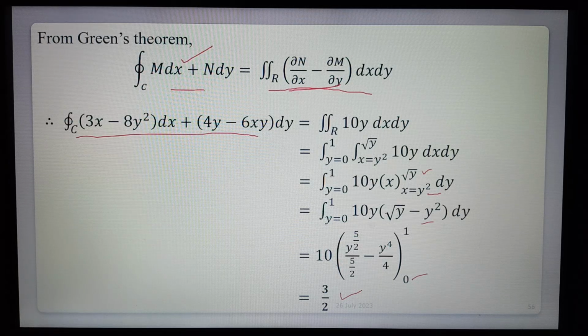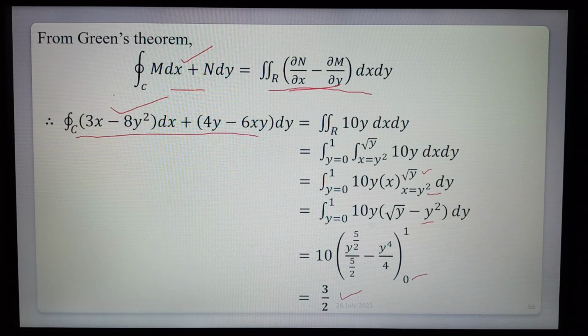So is this value correct or not? Now finding the LHS part. The LHS part is the line integration over C. But we know from the graph that the curve C is bounded by two curves, OA and AO. Now integration over C is equal to integration over C1 plus integration over C2.